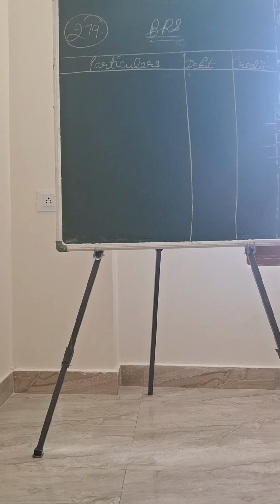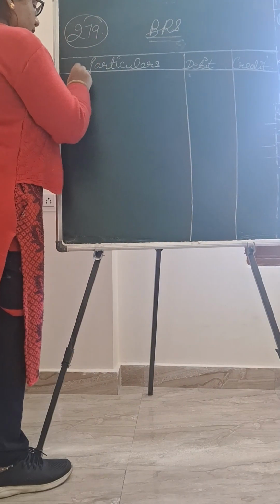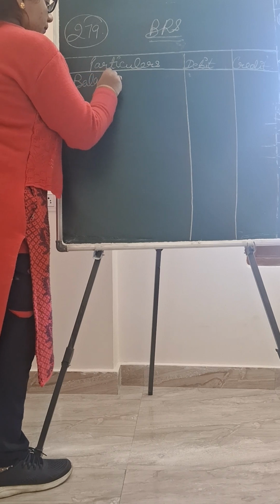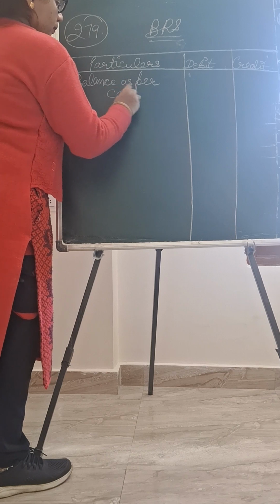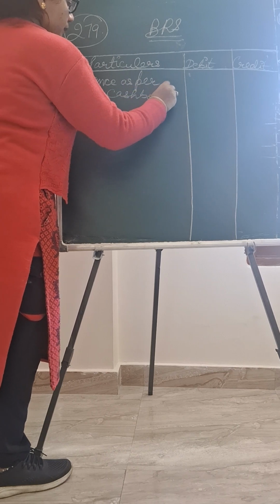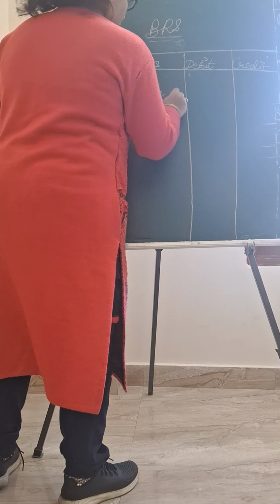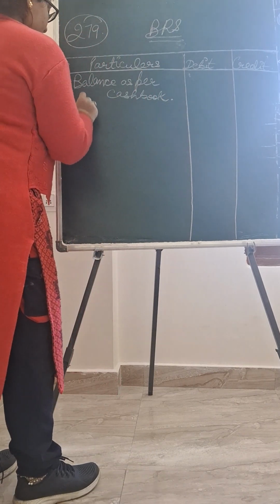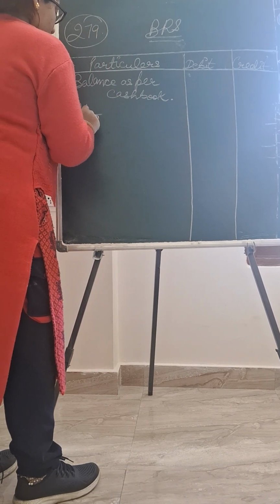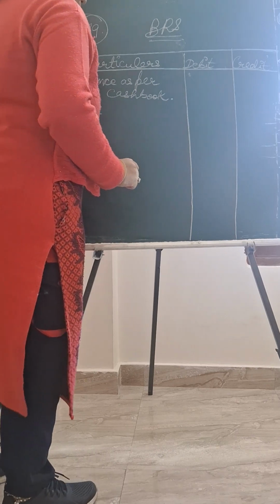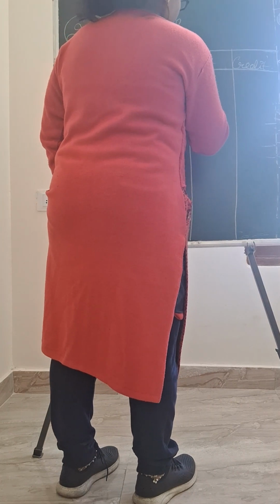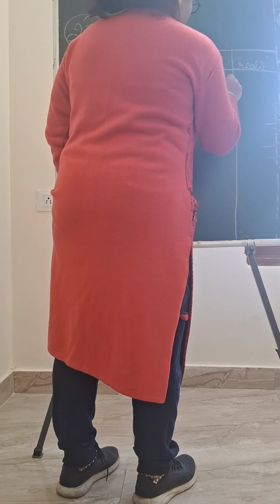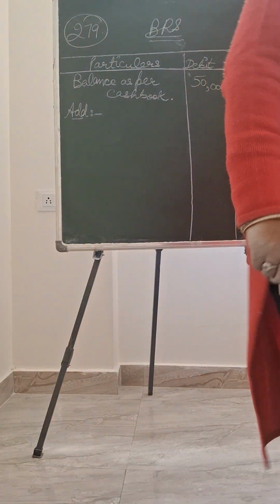We will write down balance as per cash book, that is the debit balance. Suppose it is 50,000.